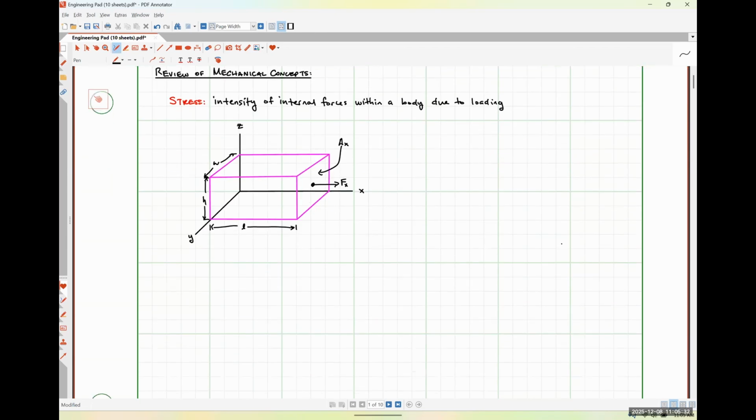So let's say that the average normal stress is the magnitude of the applied force over a transverse cross-sectional area.